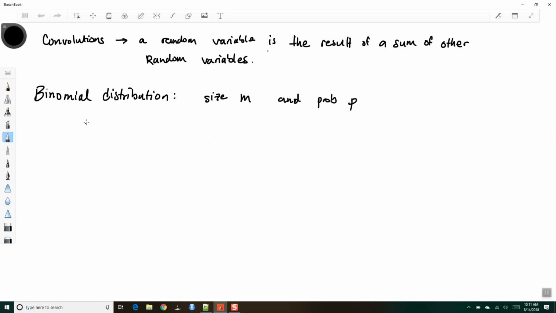Okay, so we'll say x sub i comes from a Bernoulli distribution with probability p, which basically takes on the value 1 with probability p and 0 with probability 1 minus p, right?